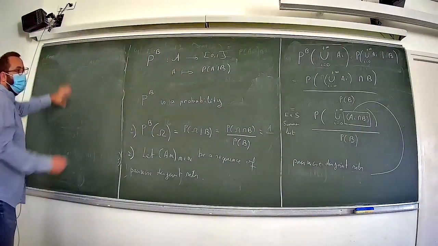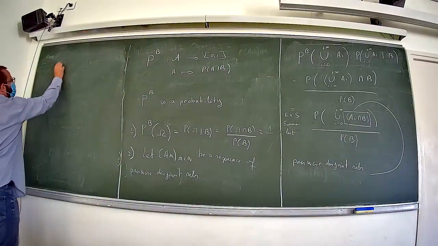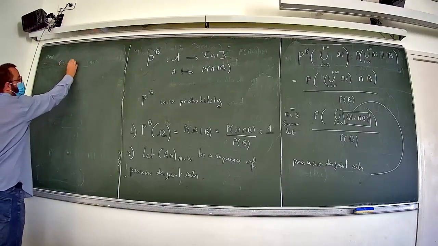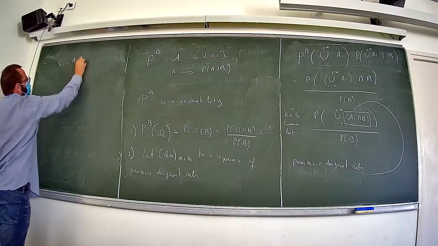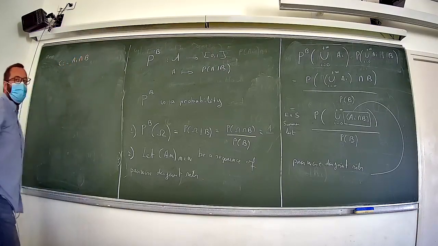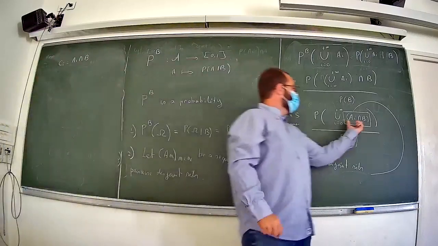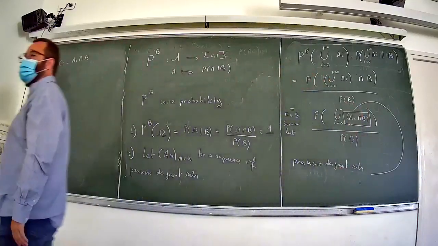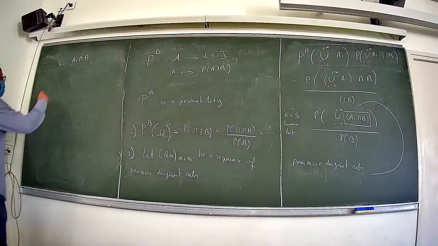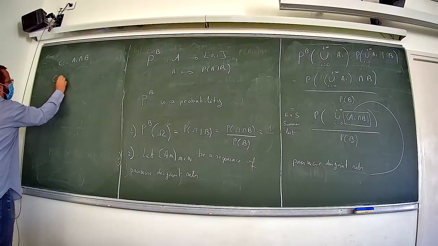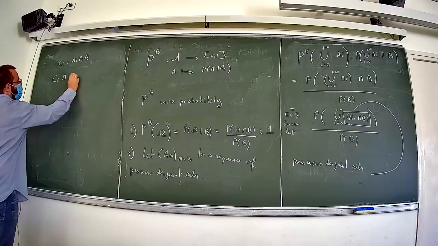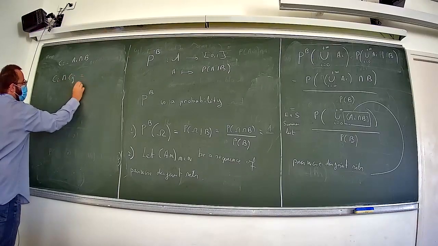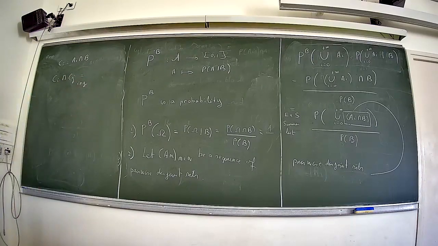Well, let's denote by Ci these sets here, Ai intersected with B. It's the sequence I am interested in, I just give a notation for them. If I want to prove them to be pairwise disjoint, I have to look at Ci intersected with Cj for i different from j and see what happens.